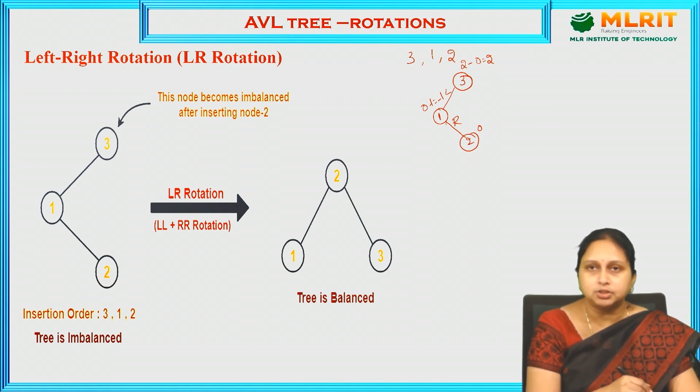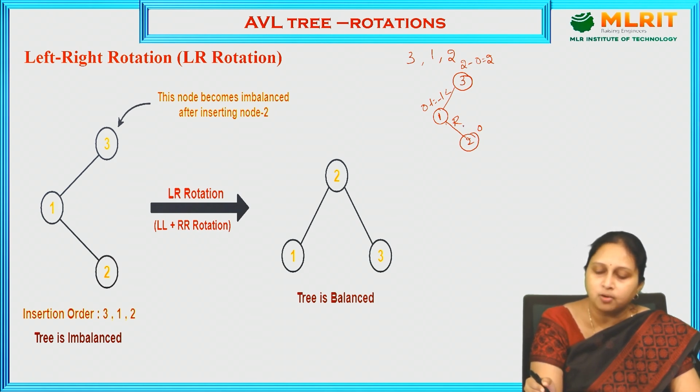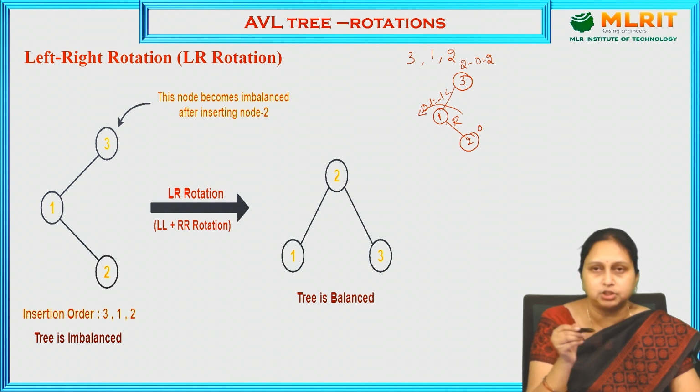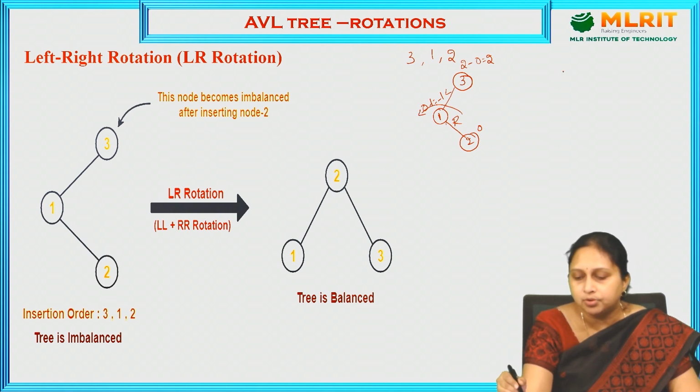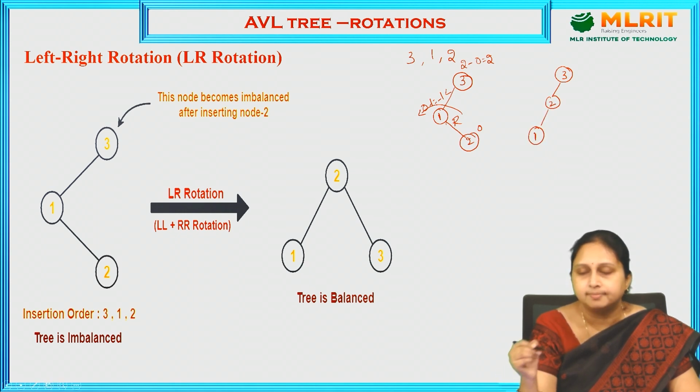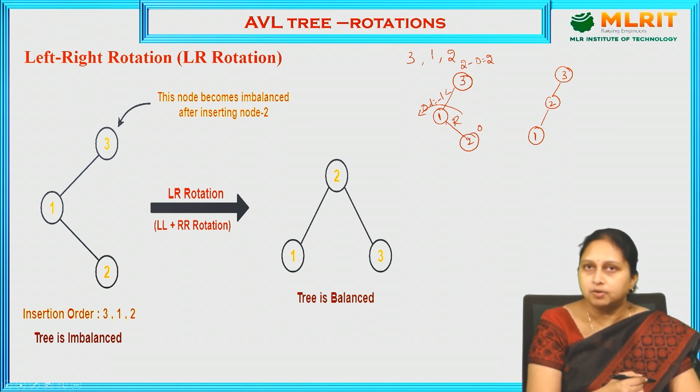With single rotation, it is not going to work. So because of this R it is imbalanced, first we need to perform the left rotation. When I do the left rotation, just observe 3. If I rotate this, we are going to get 2 here and 1 here. Right? Now you can see still it is imbalanced, but we have performed which rotation? Left rotation.